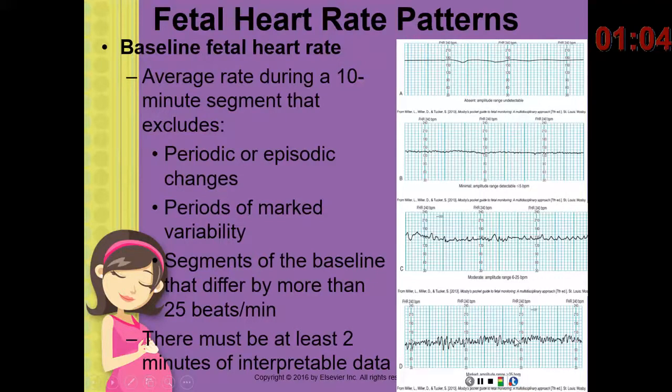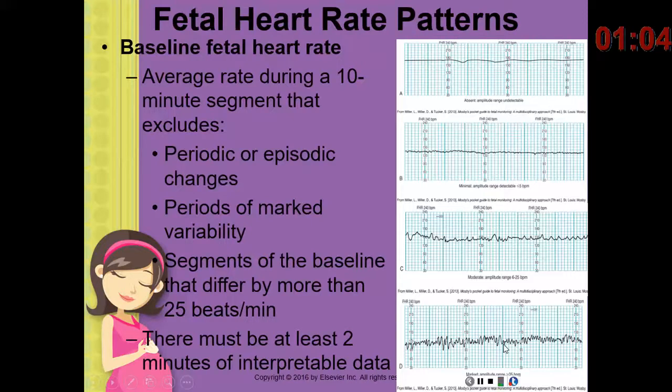D then is called marked variability. Marked variability. It's too much. There's greater than 25 beats per minute amplitude, so it's going up really high, and it's changing constantly, really, really fast, going up high and then down low.